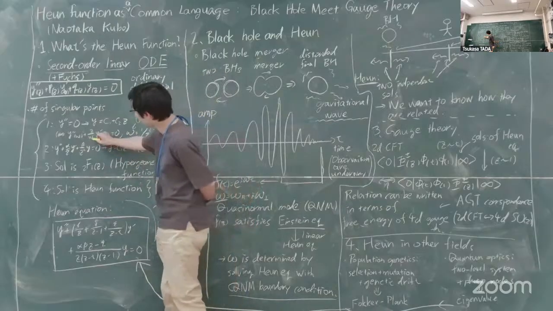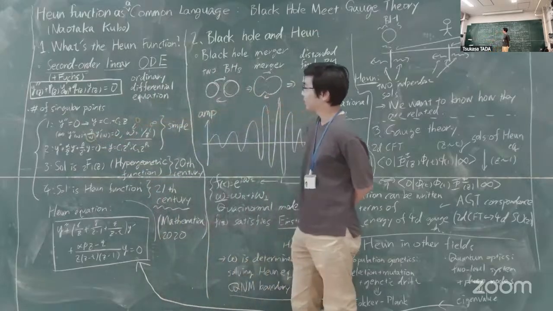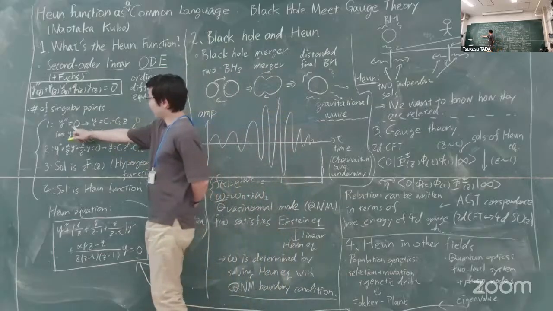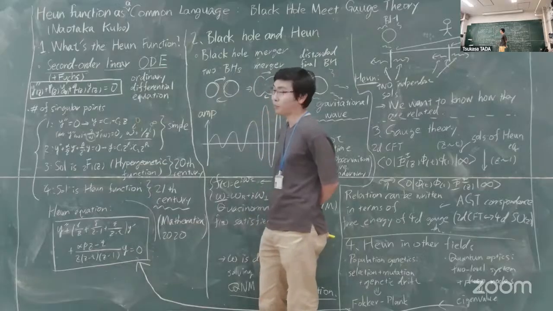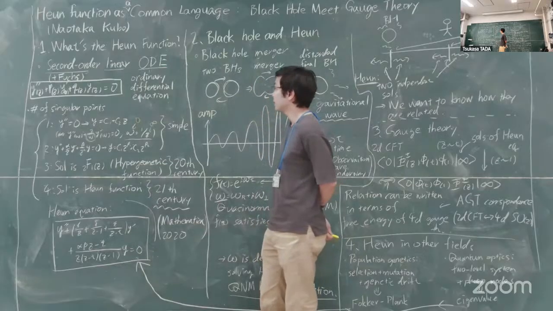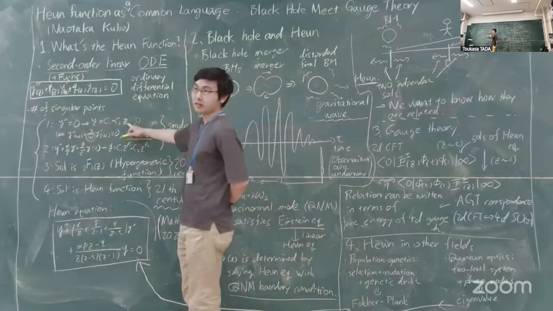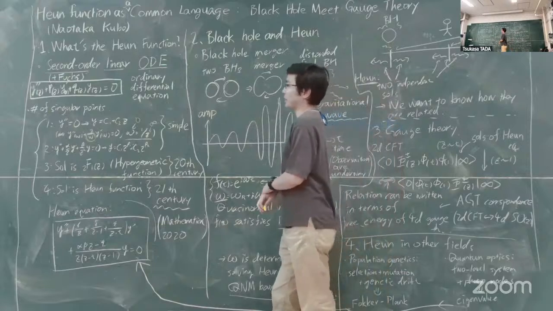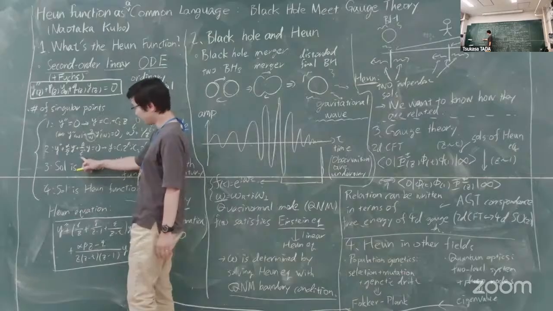So now we have a pole at omega equals 0. So anyway, this type of differential equation has one pole at infinity, and you can also easily find the solution like this. So it's simple.